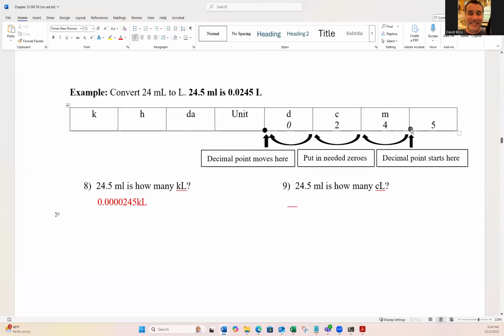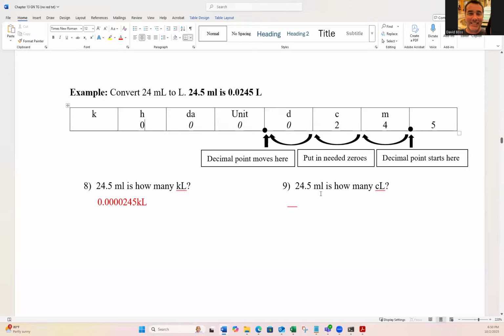You're going to start here and you're going to go 1, 2, 3, 4, 5, 6. So you're going to have to add a 0 here, here, and here. And then your decimal point is now going to be right here. So you're going to have 0.0000245.